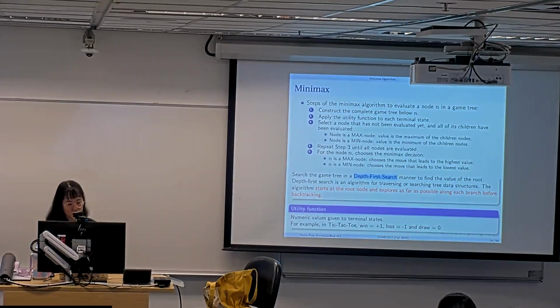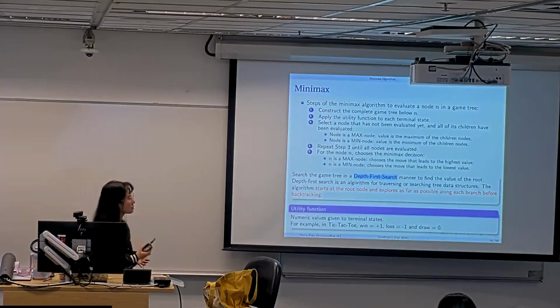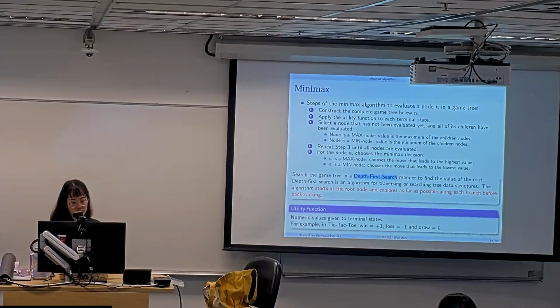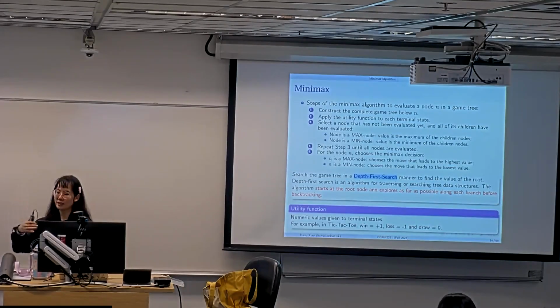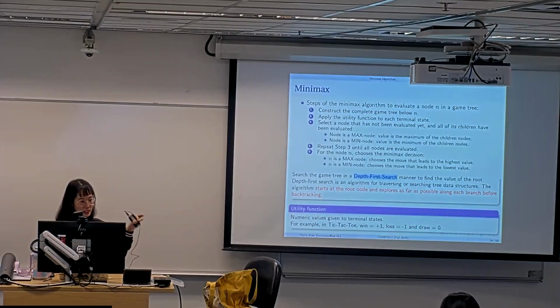Depth first search is used for traversing and searching tree data structures. The algorithm always starts at the root node and explores as far as possible along each branch before backtracking. So it starts from the root node all the way until some leaf node and then does the backtracking. It always follows the depth direction until it reaches some leaf node.